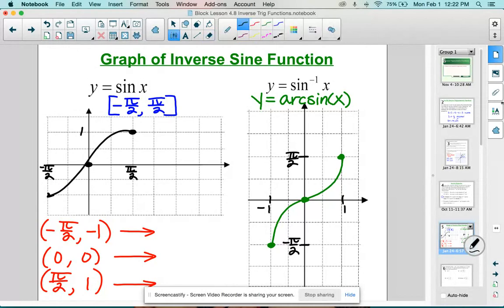So there's my restricted sine wave, and it's cut from negative pi by 2 to pi by 2, again, to make it one-to-one. So we're going to pull the ordered pairs from that graph, and we're going to flip them, and that's going to give us the location of the points on sine's inverse function.